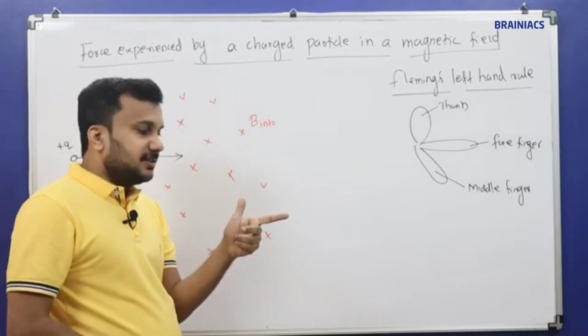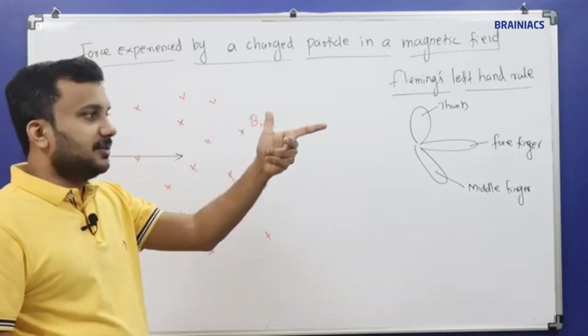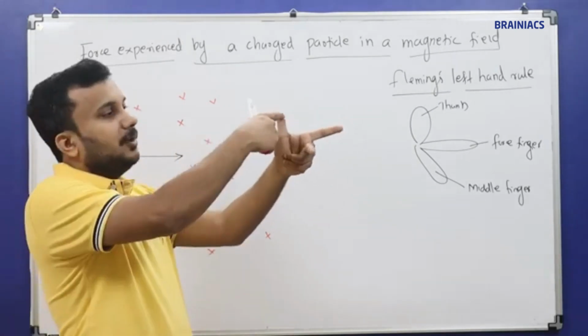What this law states is that you have to place your first 3 fingers in perpendicular directions, meaning each one makes 90 degrees with another.